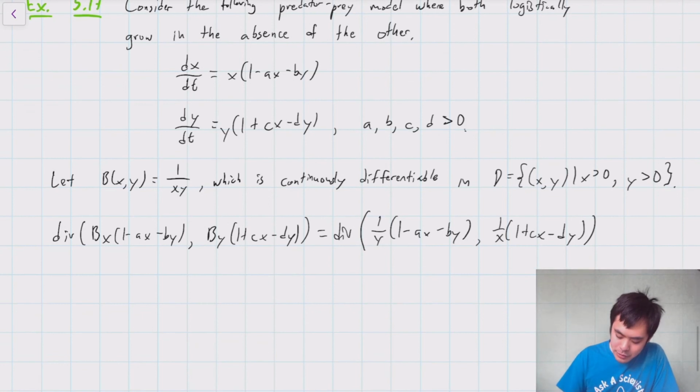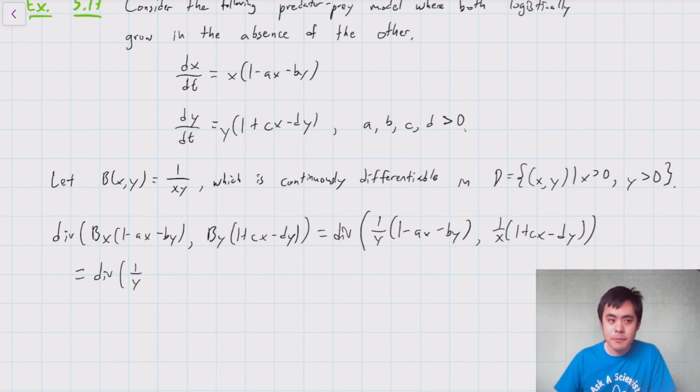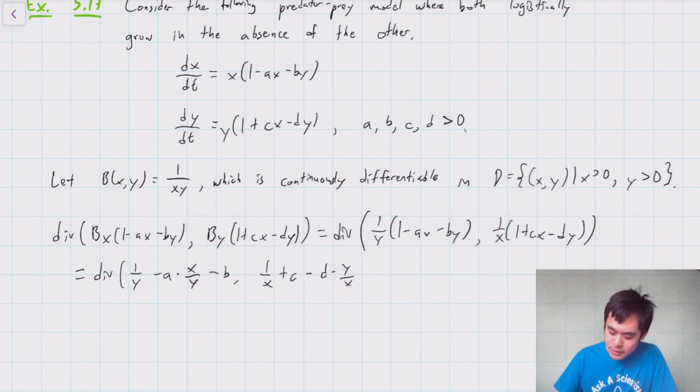When we simplify a little more and multiply everything out, you get 1 over y minus a times x over y minus b, and 1 over x plus c minus d times y over x.